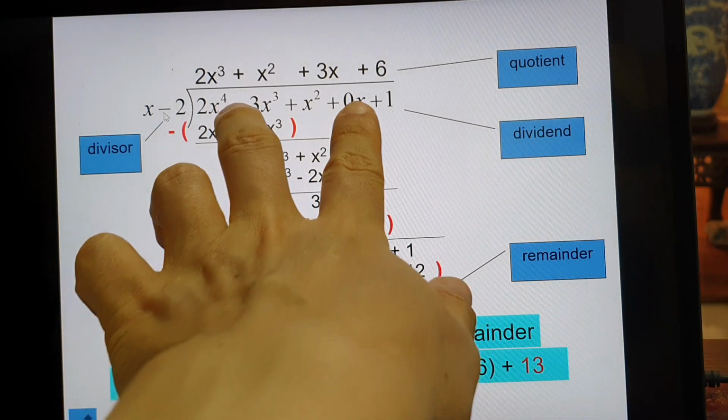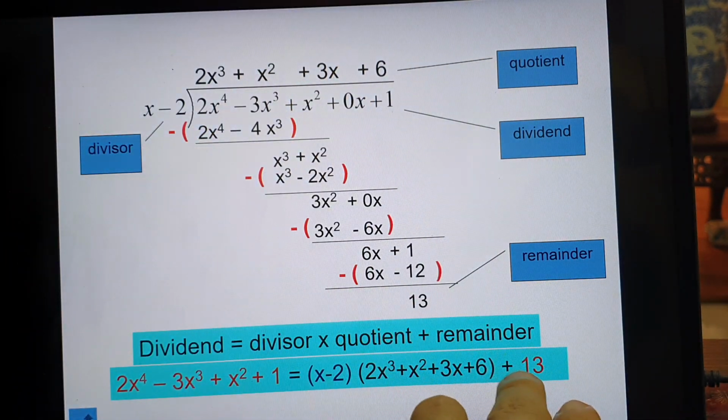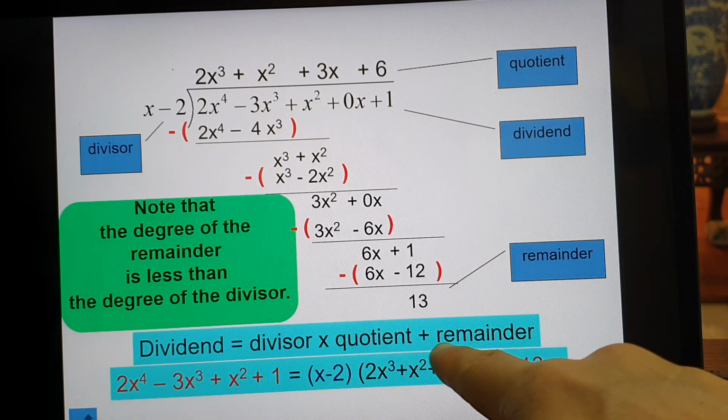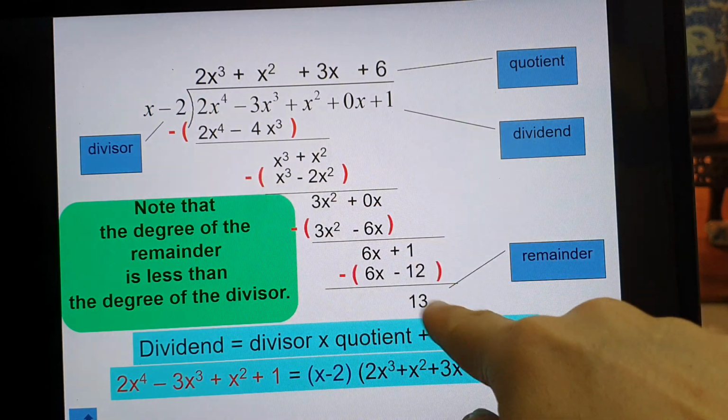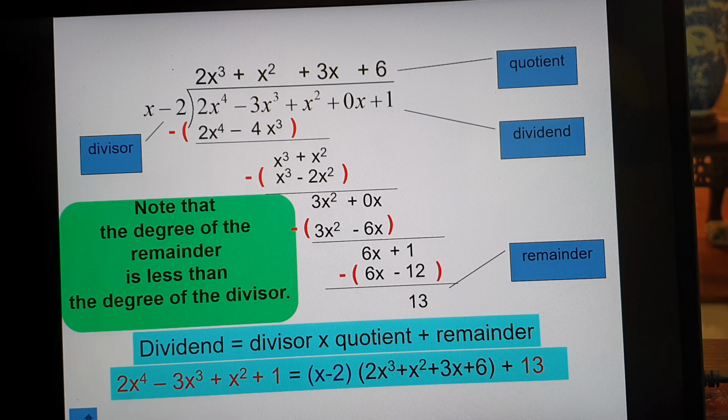That means the original number is equal to this times this plus the remainder. And just to highlight to you, the degree of the remainder, that means the power, is always less than that of the divisor.